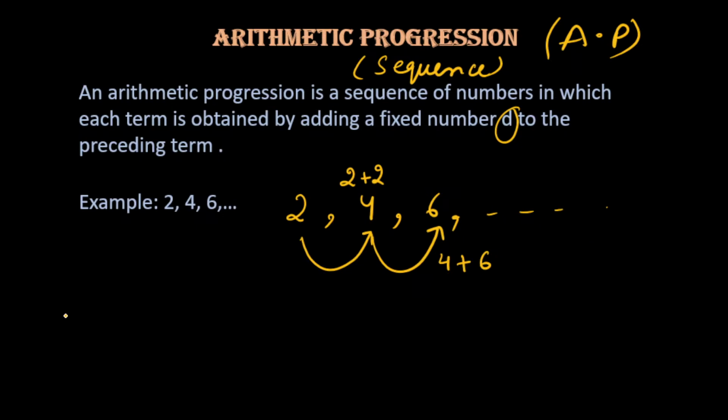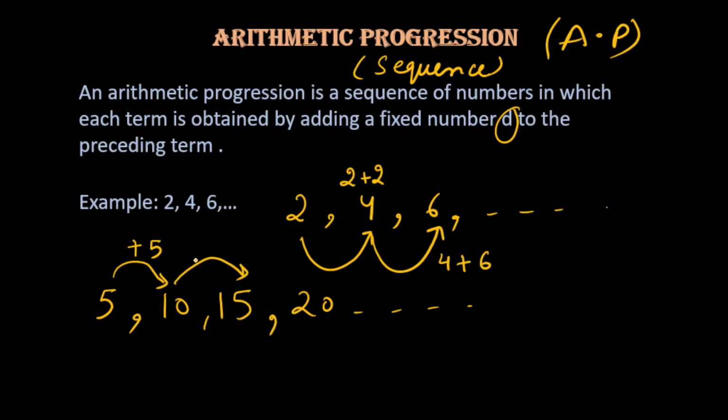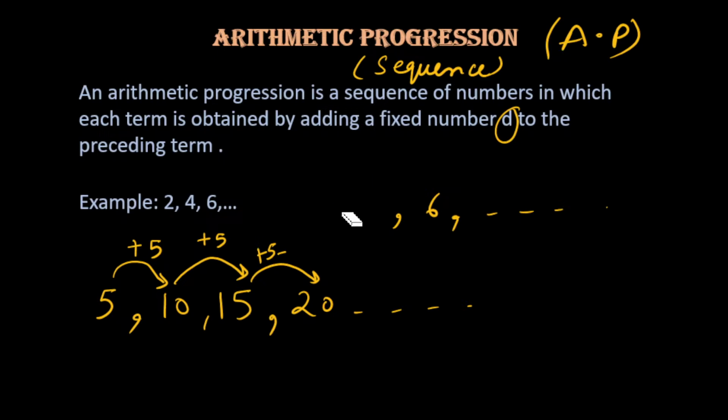One more example I'll give: 5, 10, 15, 20 and so on. Going from the first to the second term, I am adding 5. Again from the second to the third term, we are adding 5. Again third to fourth, we are adding 5. So this is also an example of AP.